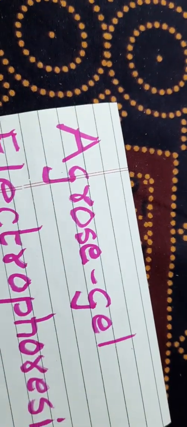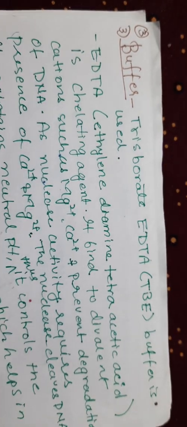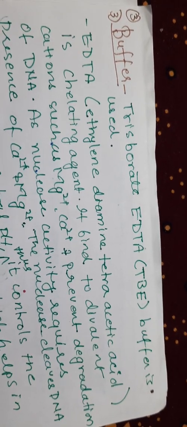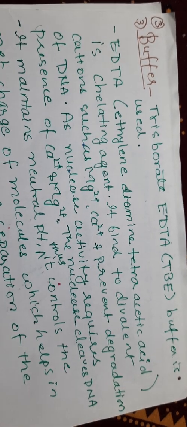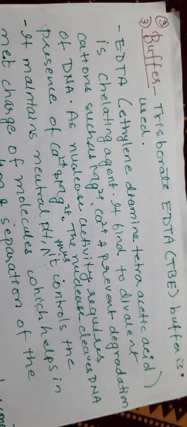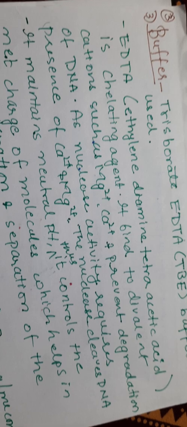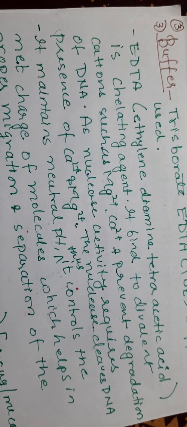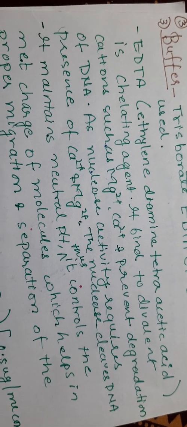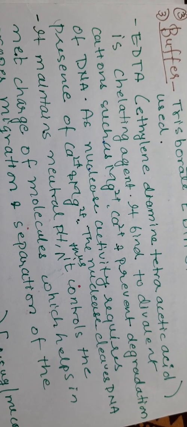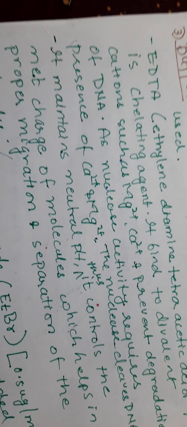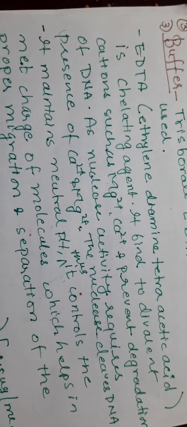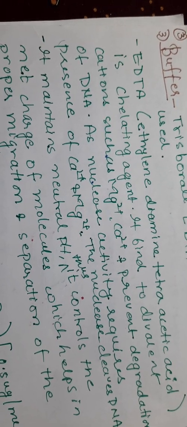Now we will see the type of buffer used in electrophoresis. Tris borate EDTA, or TBE buffer, is used. EDTA, ethylene diamine tetraacetic acid, is a chemical known as a chelating agent, and it binds to divalent cations such as magnesium and calcium and prevents the degradation of DNA. How does it prevent degradation?